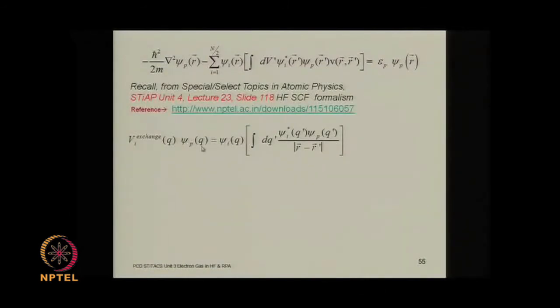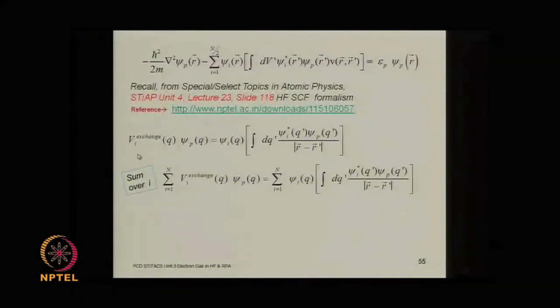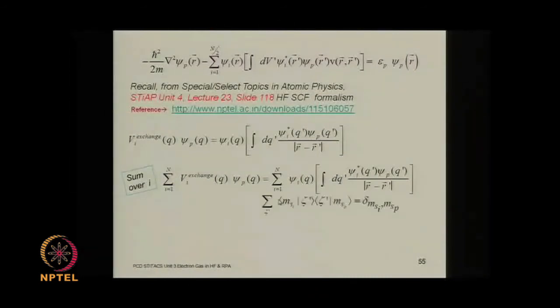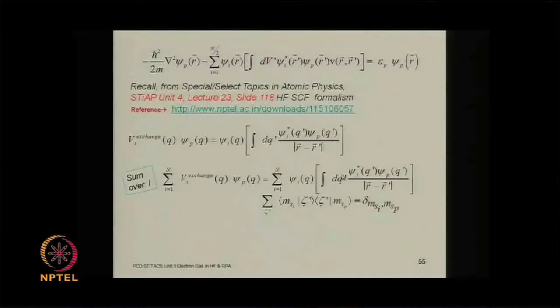In this we had introduced the exchange operator, and when it operates on this, you get this particular term, and if you now sum over I, you have the left hand side which has the index I for a particular state. So, you sum over all the n electrons, you carry out the corresponding sum on the right hand side, and in the right hand side you have this integration over q prime.